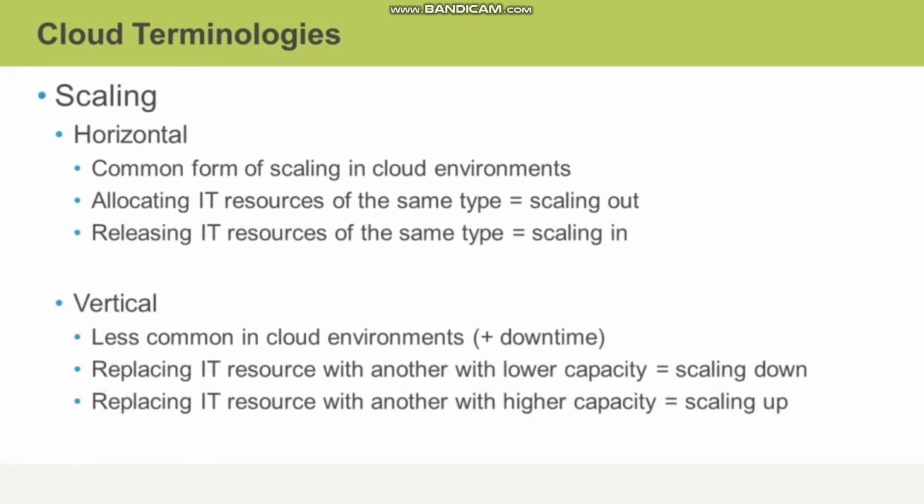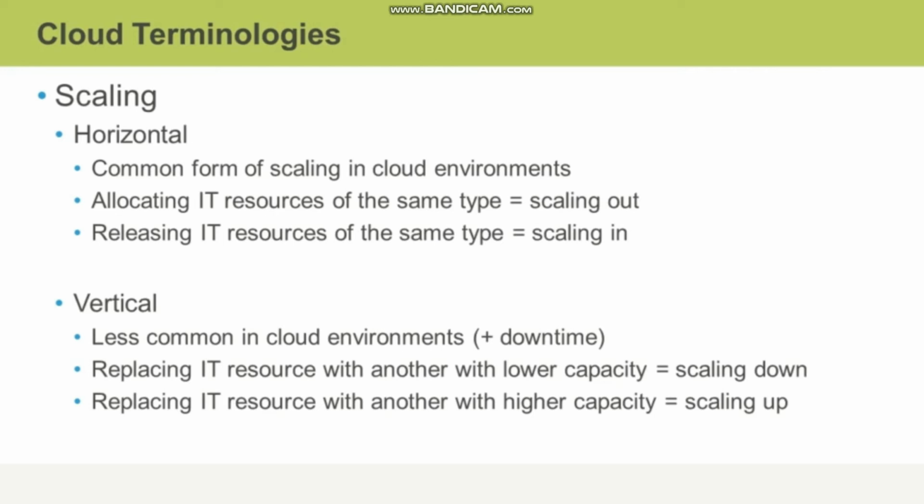Scaling is a very common term, and there are two primary directions of scaling: horizontal and vertical. And within the horizontal, this is a very common form of scaling in a cloud environment. So, allocating new IT resources of the same type is referred to as scaling out.